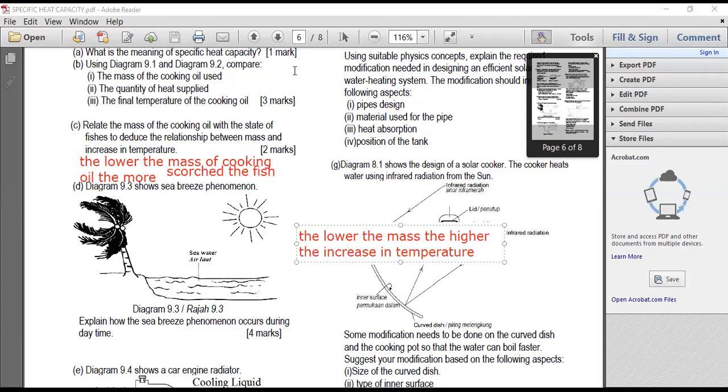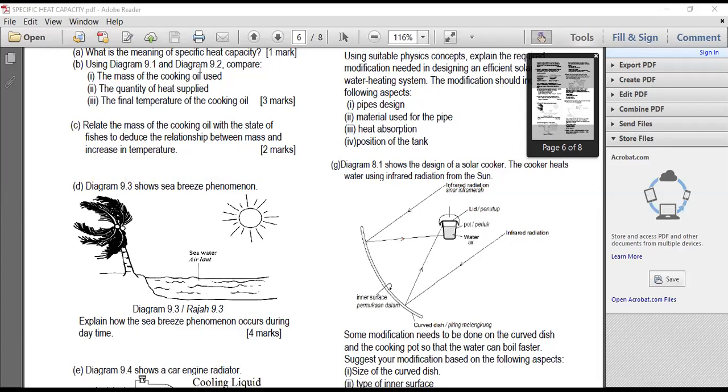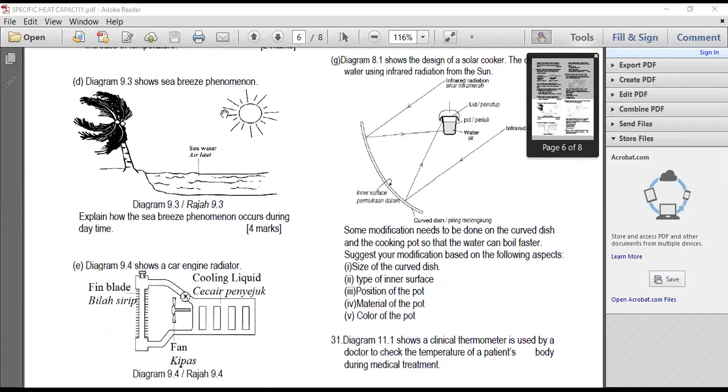Next, they ask you to explain how the sea breeze phenomenon occurs. This one is given 4 marks. This happens during daytime.